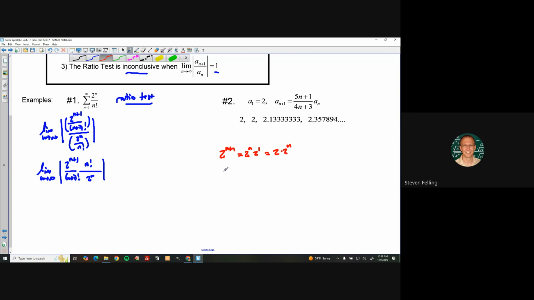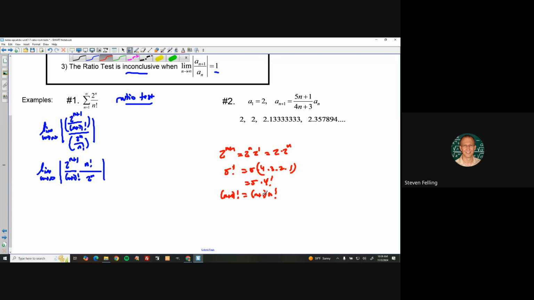The same thing with factorials. If I have, let's say, 5 factorial, which is 5 times 4 times 3 times 2 times 1, I can peel off the 5, and then what's left is the rest of the factorial. So if I have an n plus 1 factorial, that's going to be n plus 1 times n factorial.